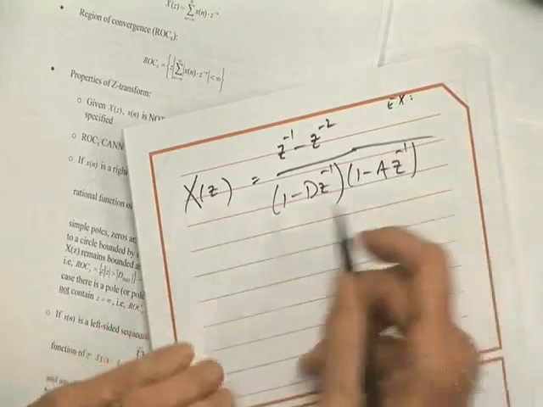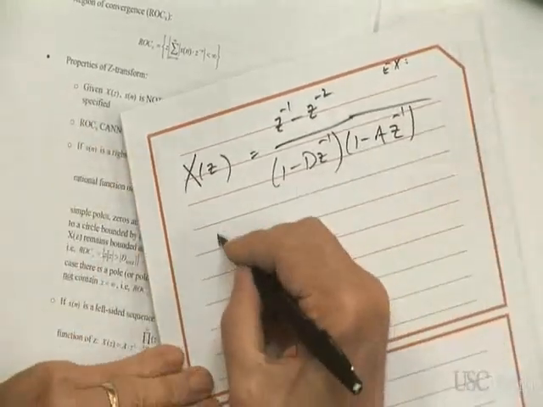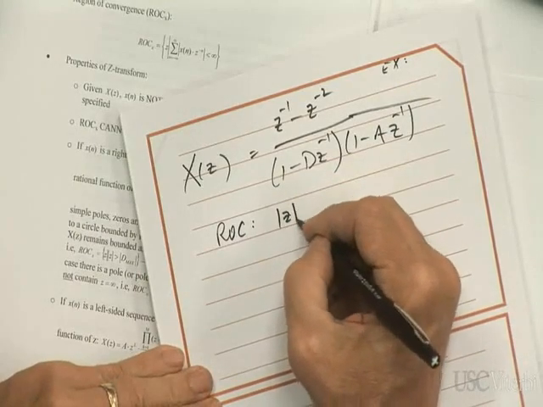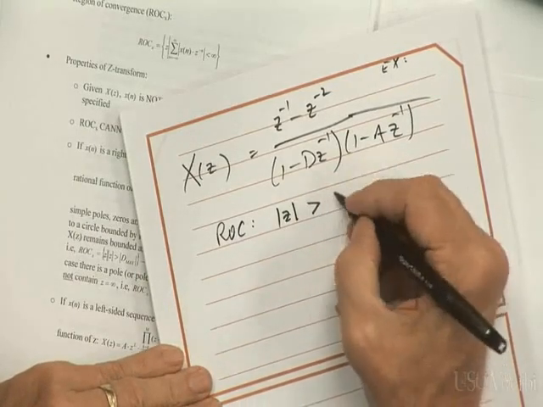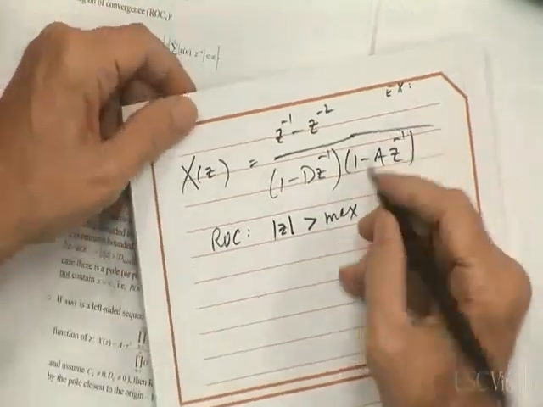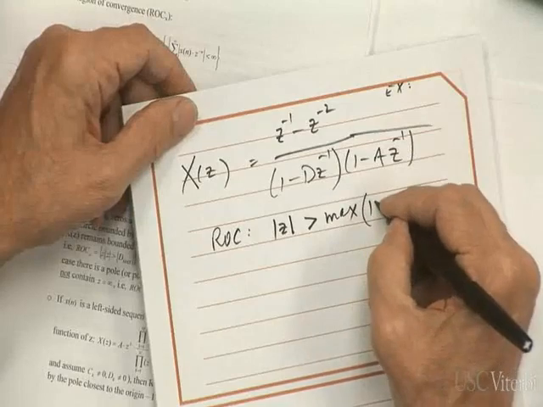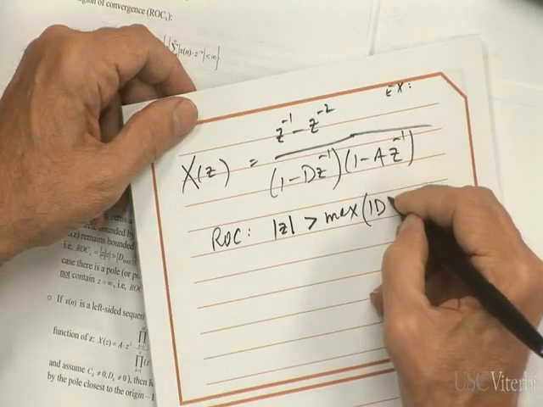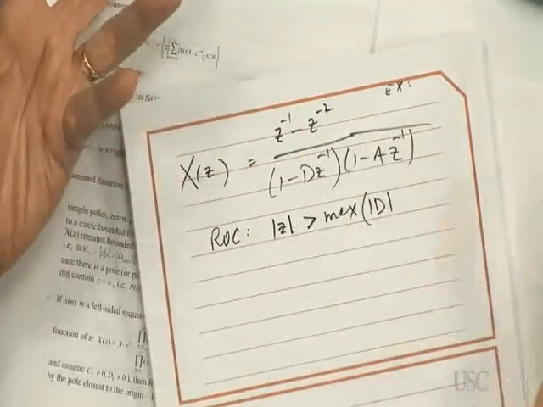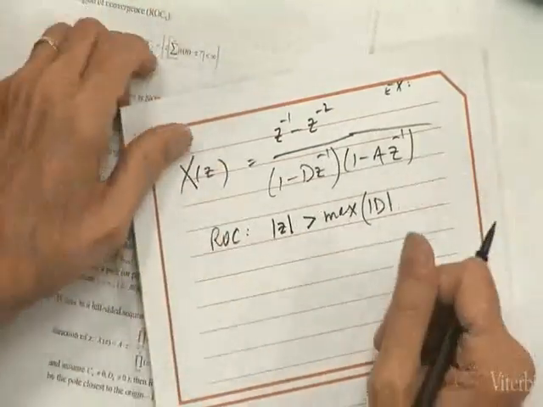Now I'm going to specify the region of convergence: the set of all z whose magnitude is exterior to a circle. That suggests that when you compute the inverse, the sequence had better be right-sided, or else something's wrong.